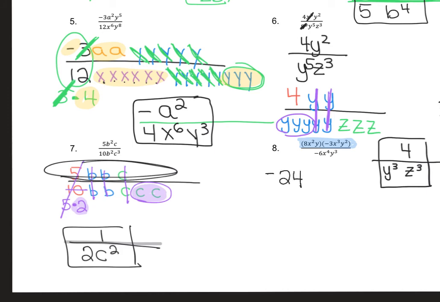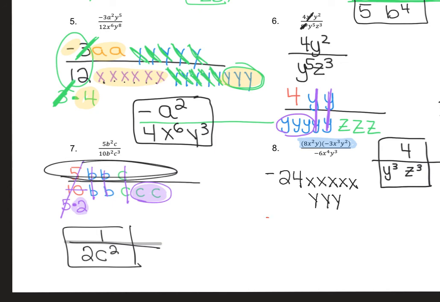If I have 2 x's, and then I have 3 more x's, and then I have a y, and then I have 2 more y's, what am I going to have? What's my final answer on top going to be?